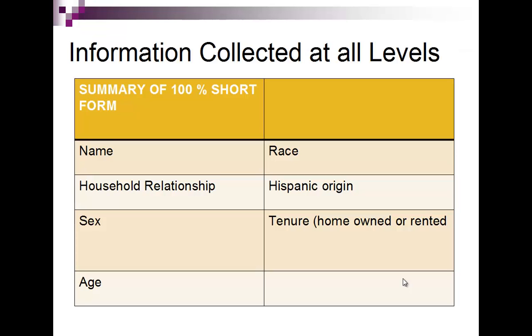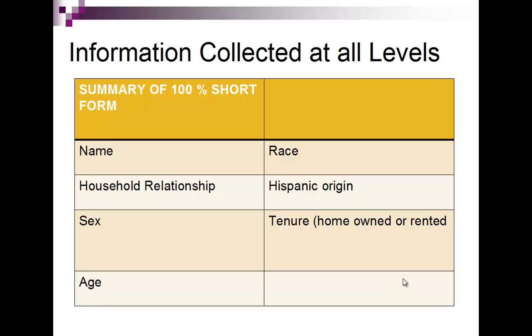When we collect information at the block level, it's difficult to collect information at the individual block level, because if we know all the information from the census, like income, age, race, how long it takes you to get to work, you might be able to pick out the actual person. And one of the guarantees with the census is that anonymity should be guaranteed when we do the census.